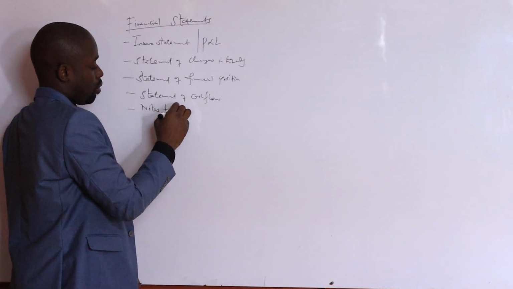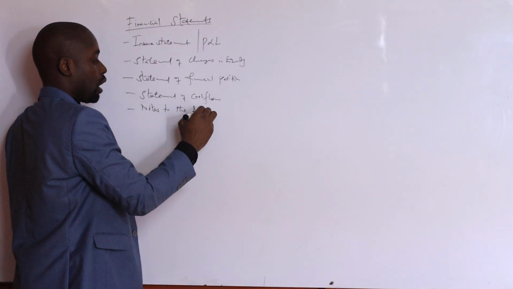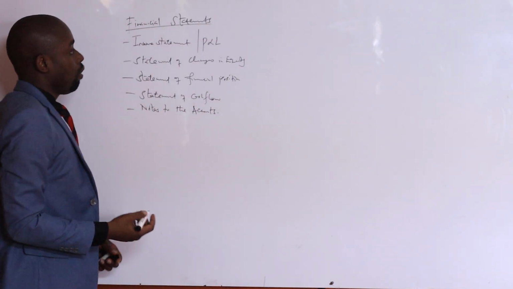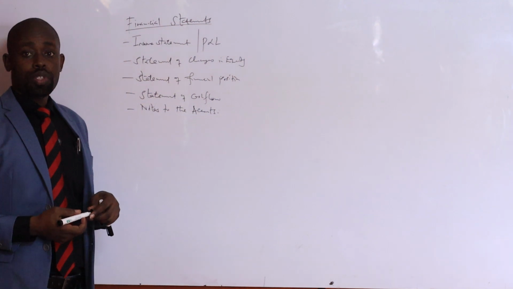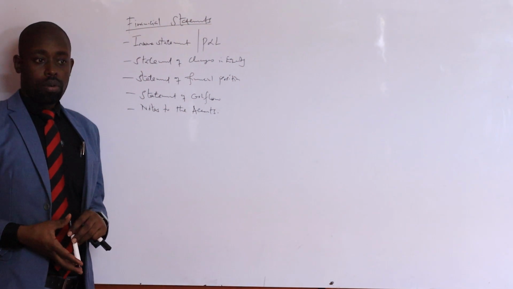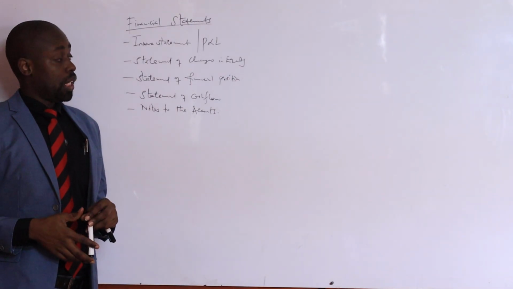I want to define them quickly. We'll deal with them more in the topics ahead. Income statement is a statement used to report the performance of a company in terms of profit or loss made within a given financial year.